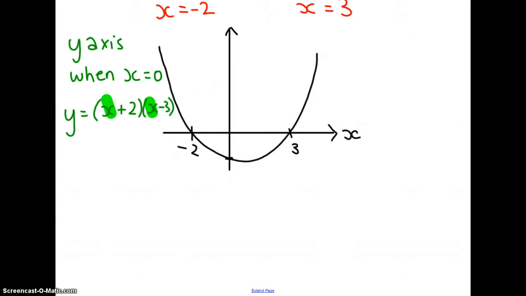So if they were both a 0, can you see that that equation would become 2 times minus 3, which gives me minus 6. So this crossing point here must be minus 6. And that's all you need to sketch a graph, the shape of it and where it crosses your axes.